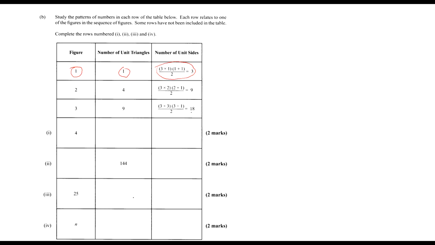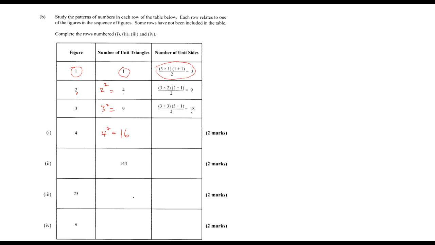Between column 1 and column 2, you notice that this is 2 and this is 4, so all we are doing is squaring. 2 squared will give me 4. This is the third figure, and if we square, we get 9. So in the case of the fourth figure, we should get 4 squared, which is 16.